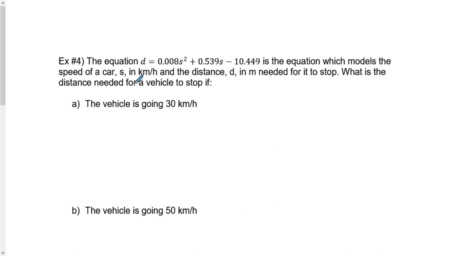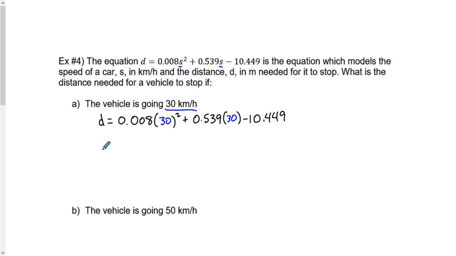Well, that's pretty easy. We're solving for distance. We have speed, which means wherever we see speed, we plug in 30. So 0.008 times 30 squared, plus 0.539 multiplied by 30, minus 10.449.